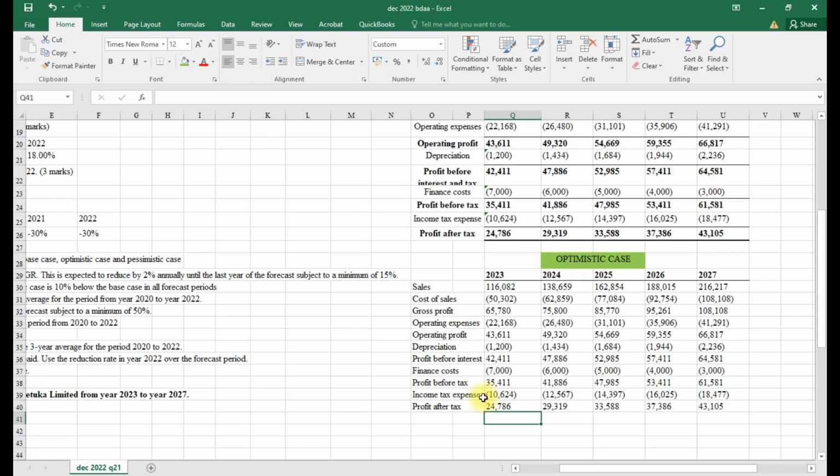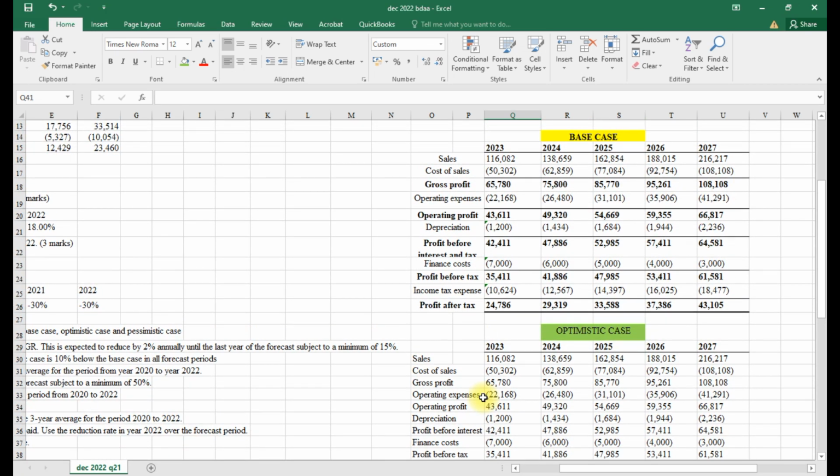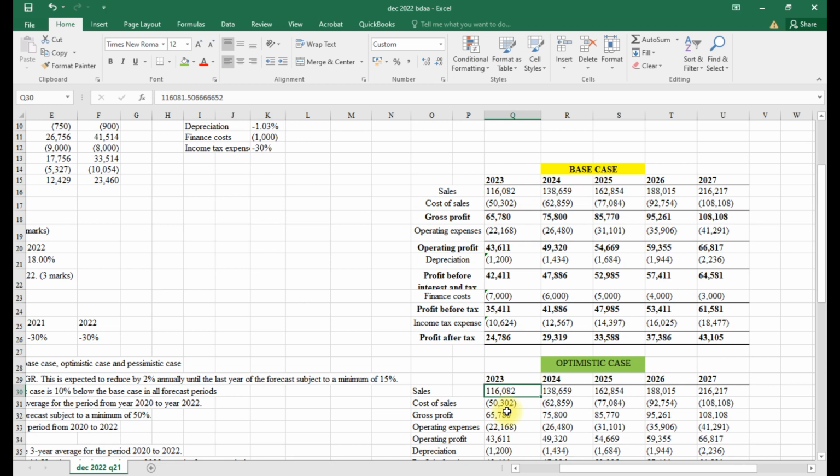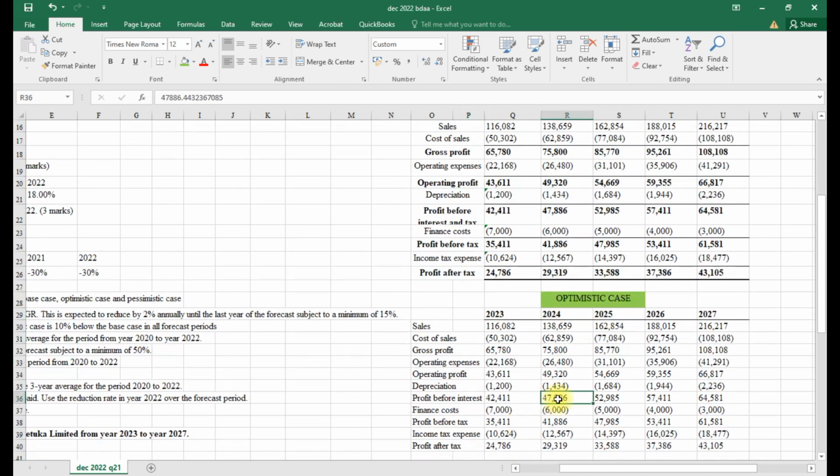So we know the sales under the optimistic case, they were increasing by 20%. So for the first one, I'll just pick whatever we had. Just a minute. So I'll undo this because I wanted it to copy with the formulas.